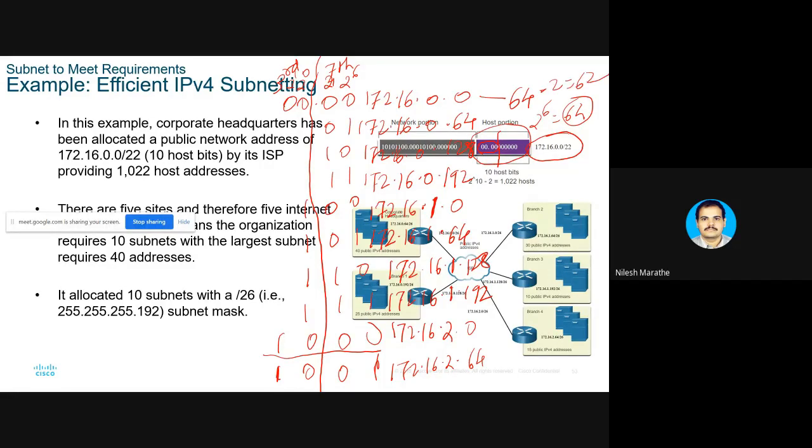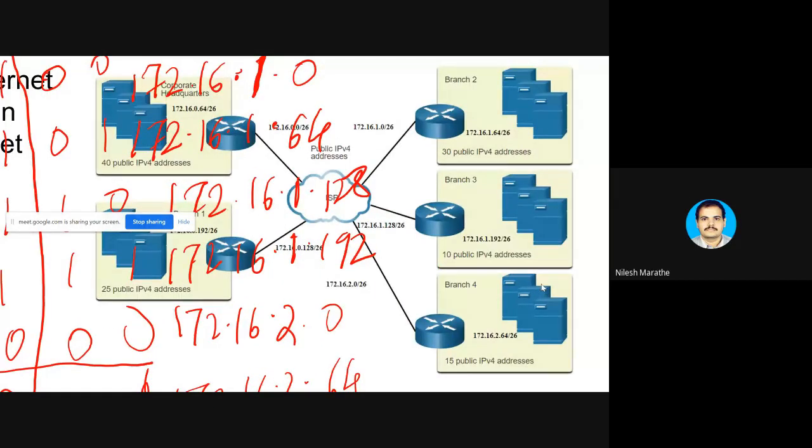Sorry, the 0 is the network address and 63 will be the broadcast. So from 1 to 62 we can allocate to hosts. Is this clear? Can I move to the next?